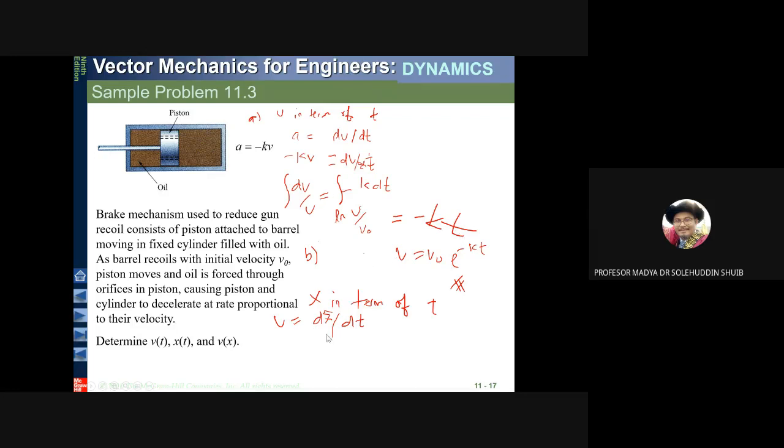So we write by using this relation. V equal to V dot e to the power of minus Kt.